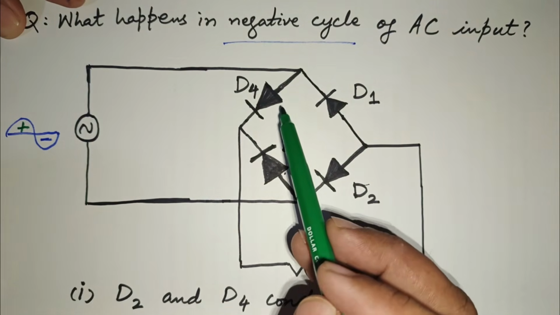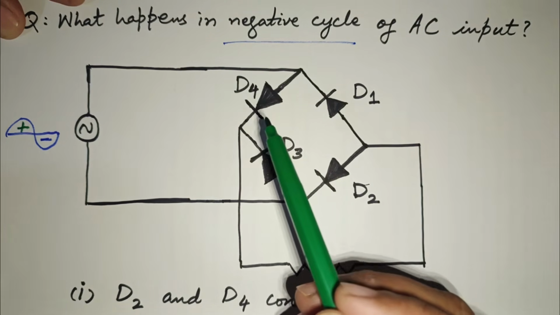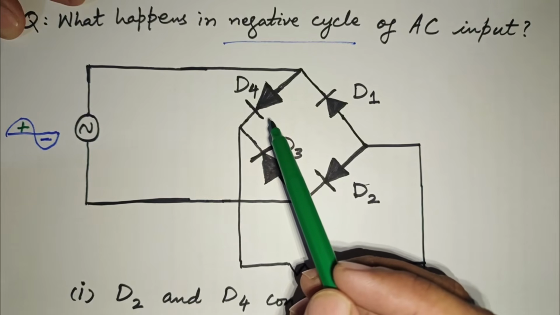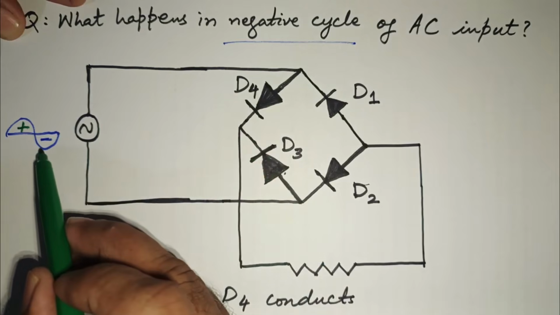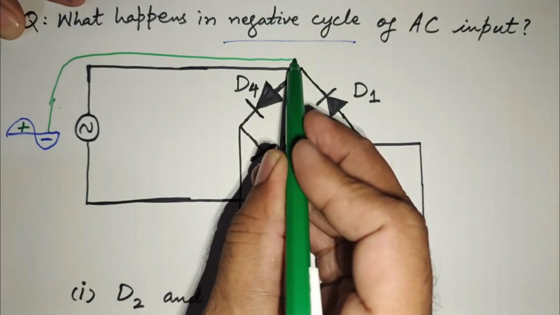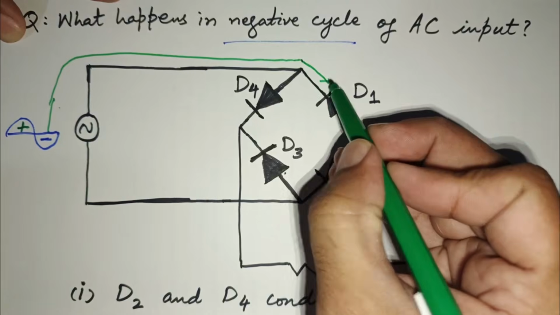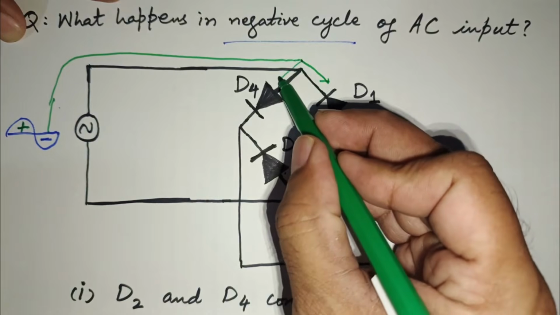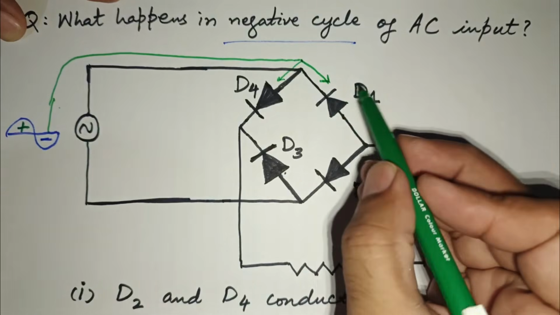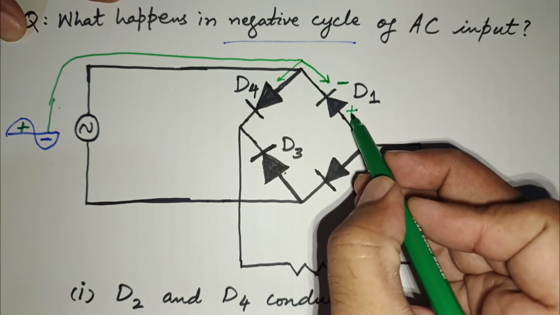We know that the diode conducts only in forward direction. Means when it is forward biased, it conducts. When it is reverse biased, it will not conduct. So when this negative signal moves over here, it has two options. It will go in this direction as well as towards this direction. When it reaches over here, this is the negative side of D1, this is the positive side of D1.